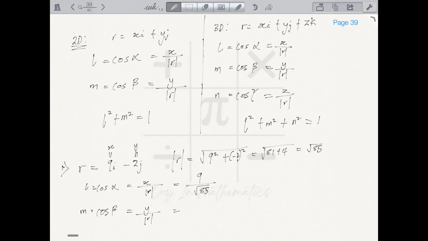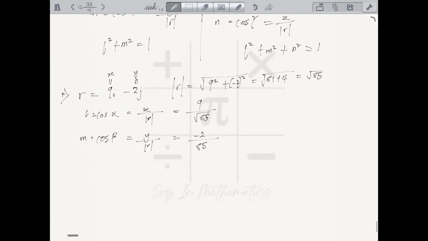Similarly, the direction cosine on the y-axis is cos beta, and that's y divided by modulus of R. The y value is minus 2, negative 2, and the modulus of R is root 85. And this will result into minus 2 over root 85.